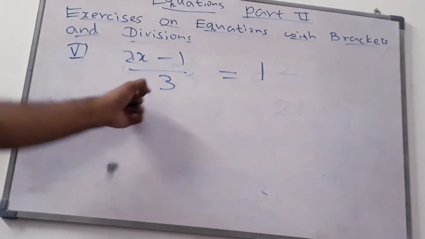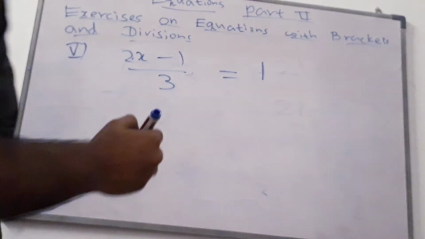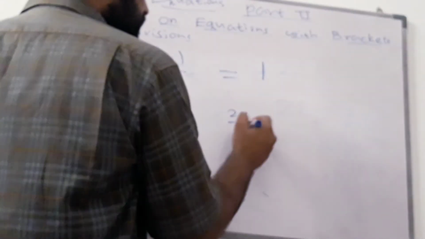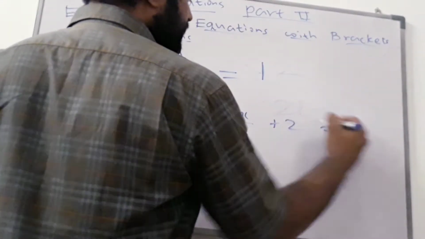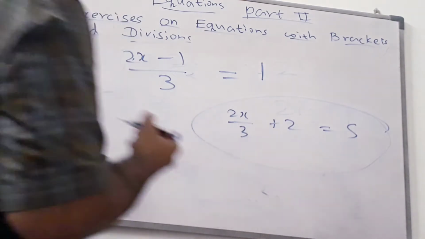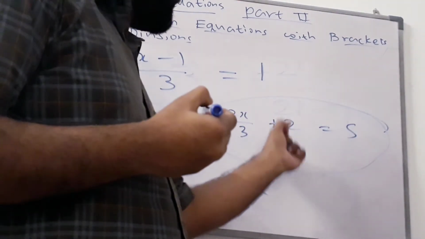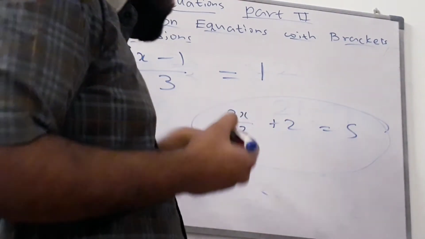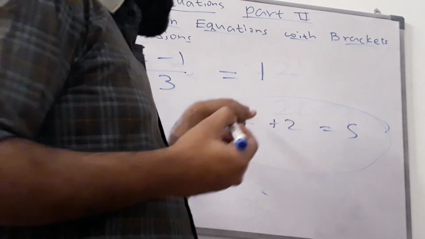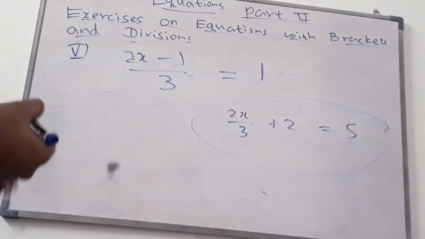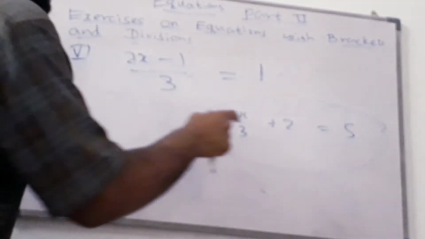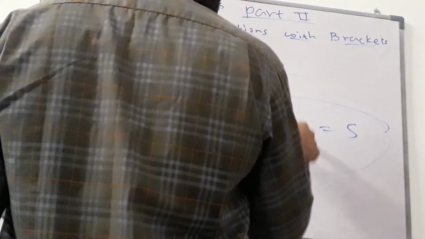Okay, here 3 is common to both these terms, 2x as well as minus 1. Normally we find an equation where the term is outside the x term, and 3 is common only to the x term, like plus 2, where 3 is not common to minus 2.